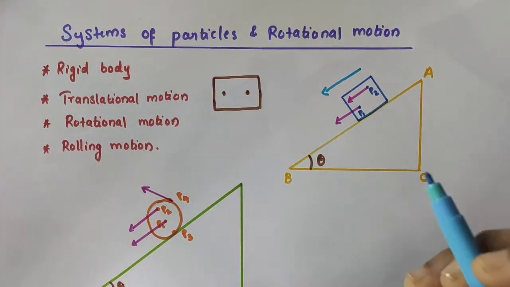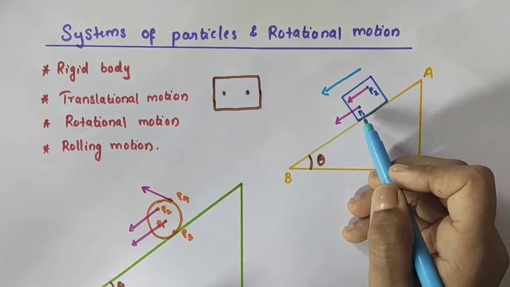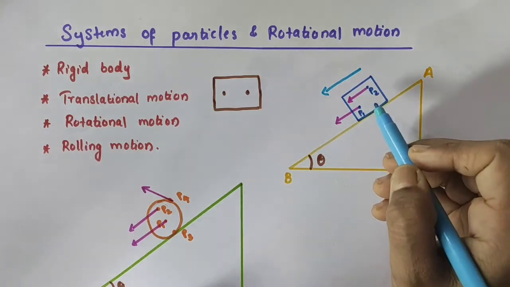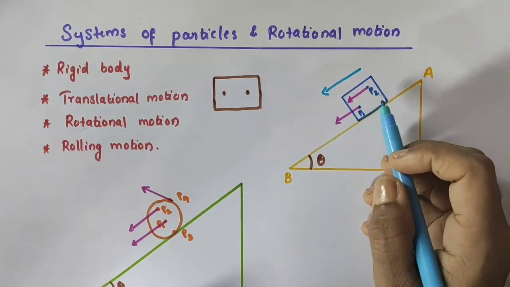At any instant of time, the velocity of the particle P1 will be equal to the velocity of the particle P2. Here we have considered only two particles, P1 and P2, but you can consider any number of particles here.